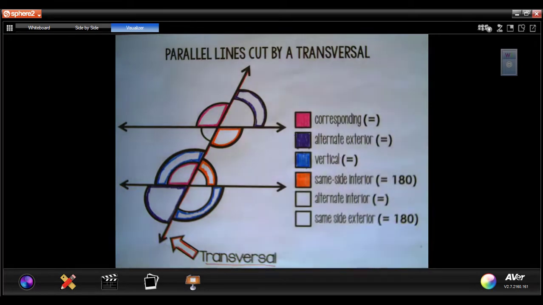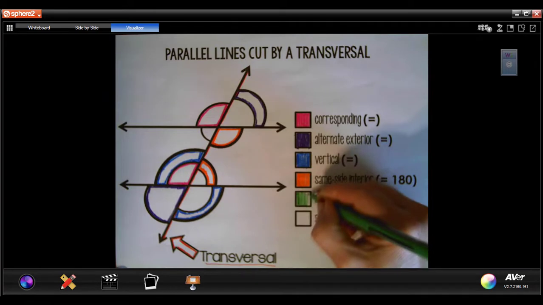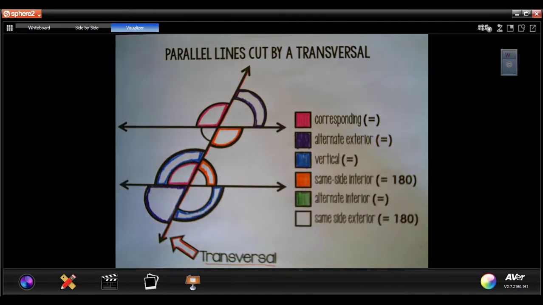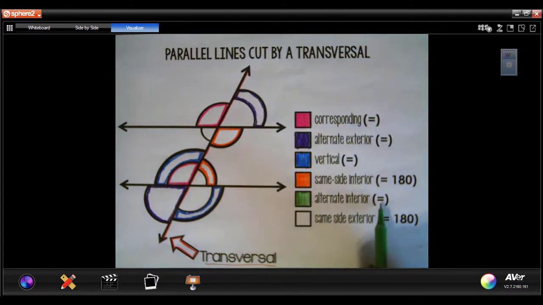All right, to left, alternate interior. I'm going to use green for this one. Okay, and you can probably see what's left. We've got these 2 little arcs here. Now, notice alternate interior, they are equal to each other. They are congruent angles.